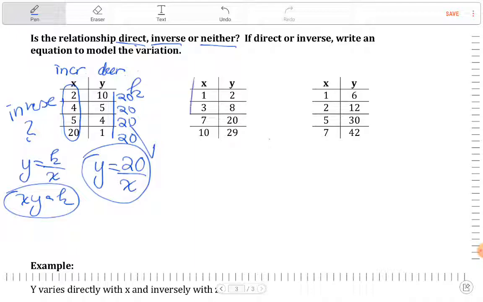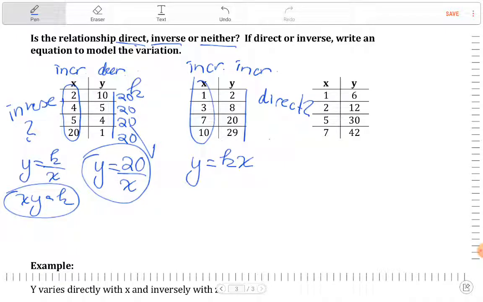Okay, x is increasing and y is also increasing. So, is it a direct variation? We have to check. I know that normally y equals k times x. If I rearrange to solve for k to check if my constant is the same, I'm actually checking y divided by x.